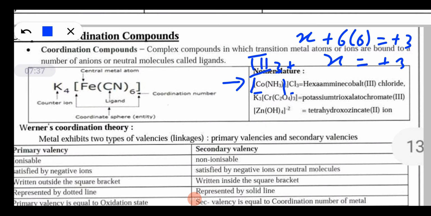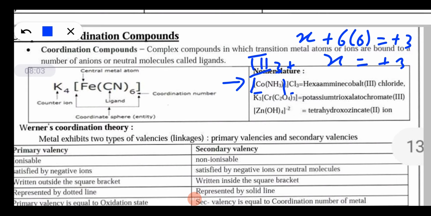So these are the prime steps. Find the oxidation number of the primary valence, Cl negative, 3 negative, then you find the charge on the coordination sphere, 3 plus is the charge on this bracket, and then third step you find the oxidation number of the central metal ion. Afterwards you will apply the rule.